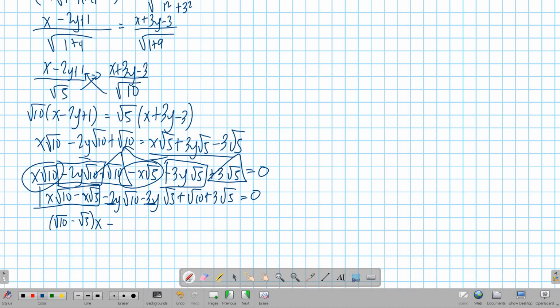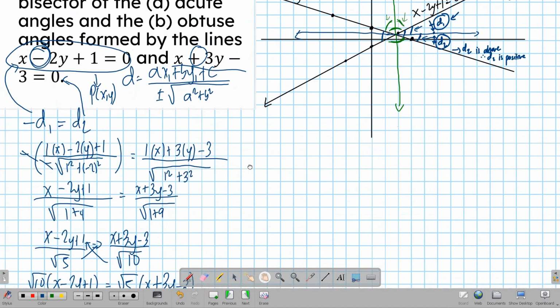So, we're going to have minus 2 square root of 10 plus 3 square root of 5 times y. Pag finactor out mo yung negative, nilagay mo dito, magiging positive yung dalawa. That's why it's like this. Plus square root of 10 plus 3 square root of 5 equals 0. Yan na yung equation. Since it's standard form, let's double check kung standard form yung pinakahanap.